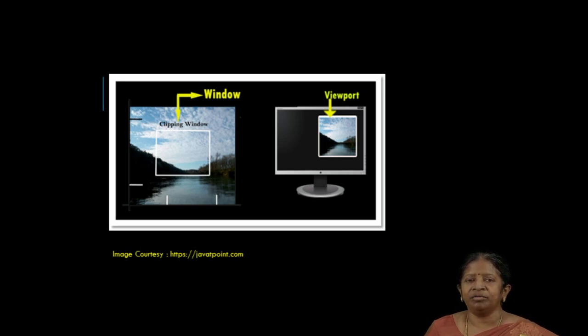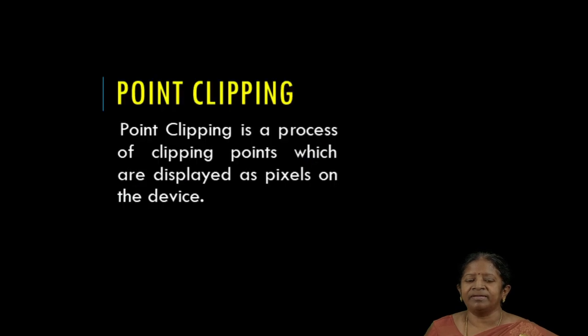So, how to remove the portions of the object that are outside the window? This is done by the clipping process, and the clipping involves either point clipping, line clipping, curve clipping, surface clipping, etc. But now we are going to see only 2D clipping.